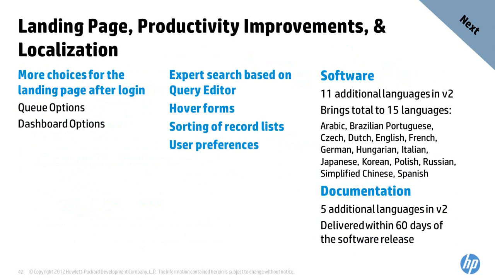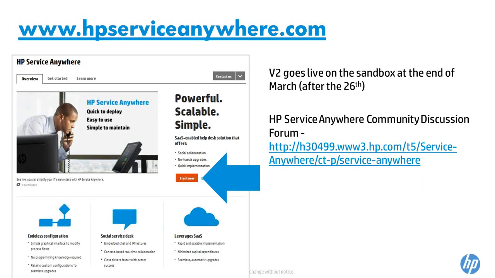So this is, again, just a quick overview of Service Anywhere V2. Let's look at the next slide real quickly. If you go to www.hpserviceanywhere.com or search on Service Anywhere, you'll get to this page. And the new sandbox, our online trial system, lets you get a demo of Service Anywhere.